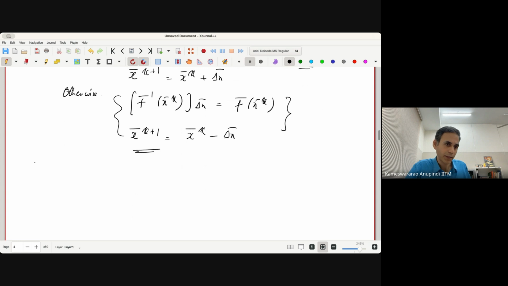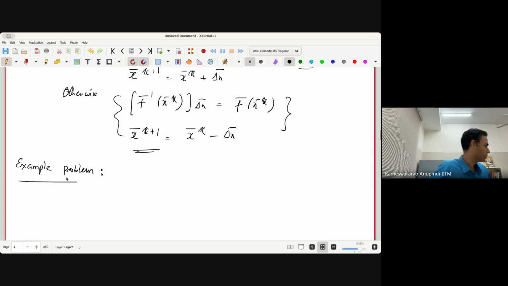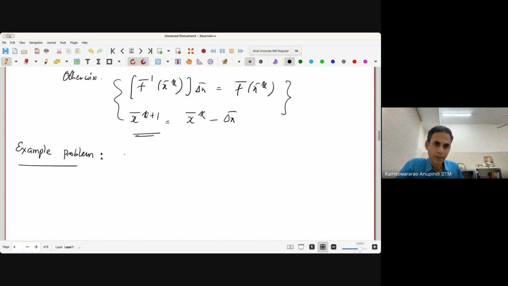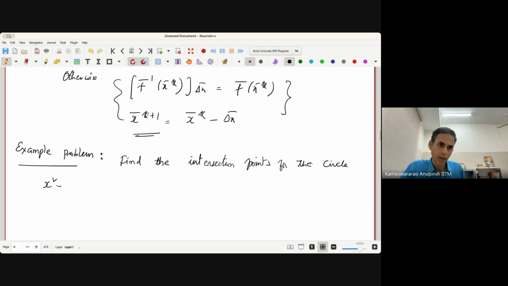Okay, fine. Let us look at an example problem. I may need your help, or I may be able to solve it with my calculator. Okay, I got my calculator. Let us say the example problem is to find the intersection points for the circle x square plus y square equals 2 with the hyperbola x square minus y square equals 1.